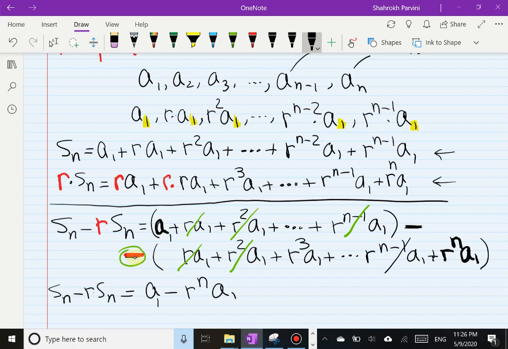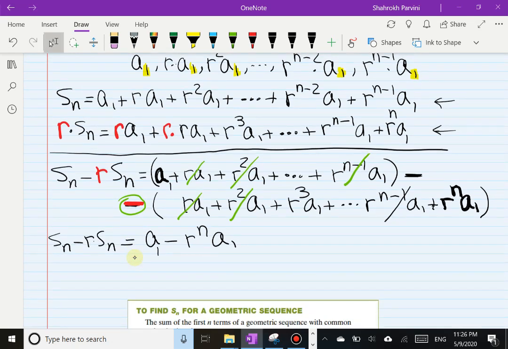Now on the left side, let's factor out S sub n, and it's going to become S sub n times parentheses 1 minus r. The reason there is a 1 is because you can think of S sub n as 1 times S sub n, and then you remove S sub n from these two terms and all that remains is a 1 and a negative r.